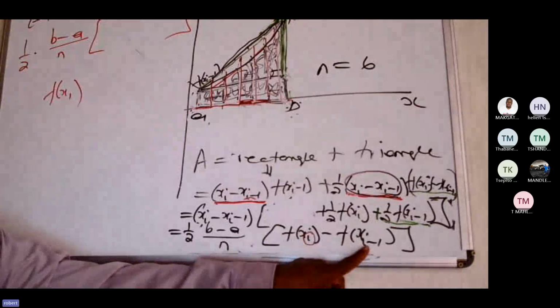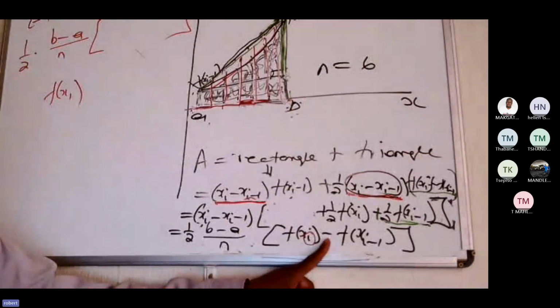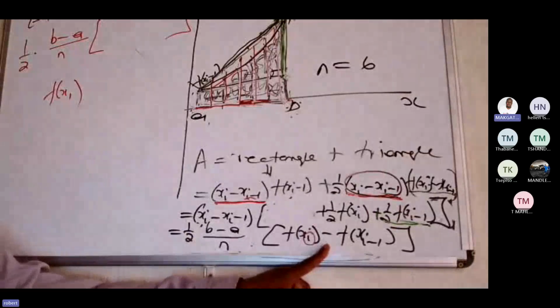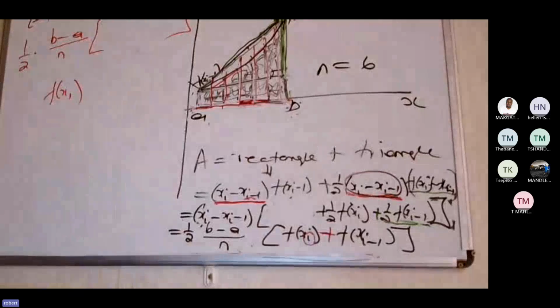What about this one? It's going to be f of x. What did we have here? Is it minus? No, I think this changed. It is not minus. It was plus. That's right.